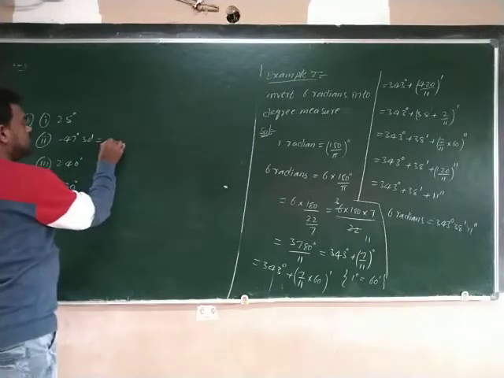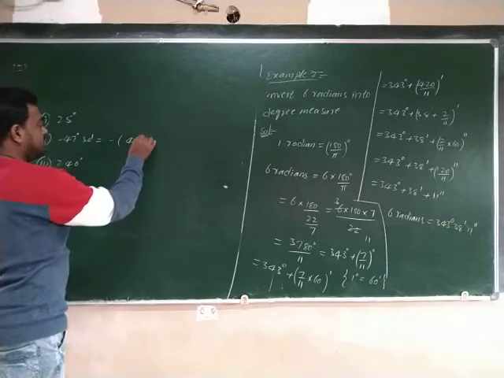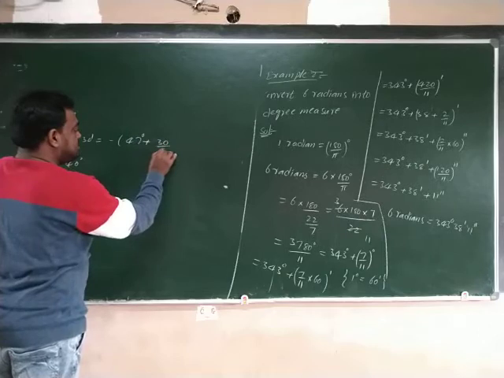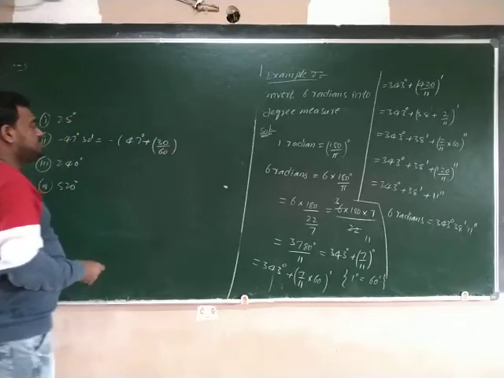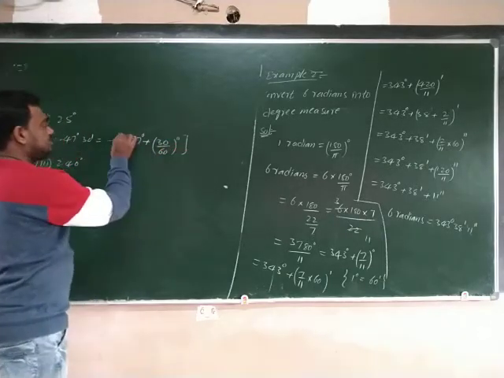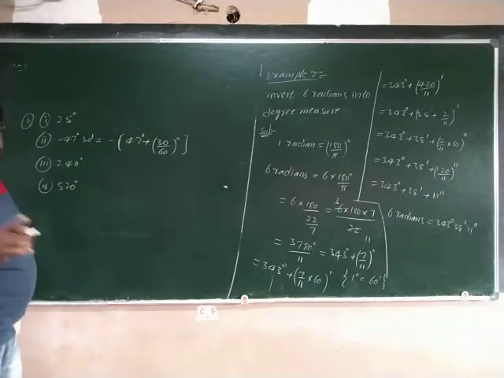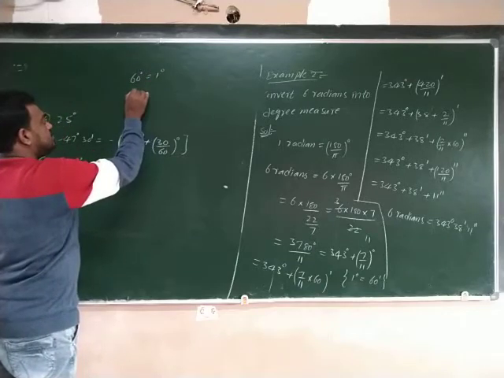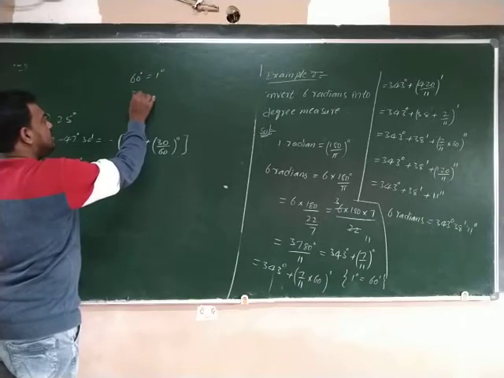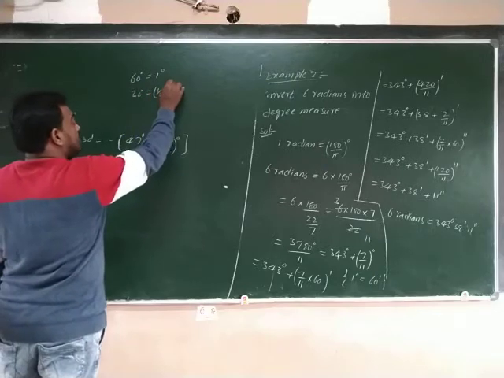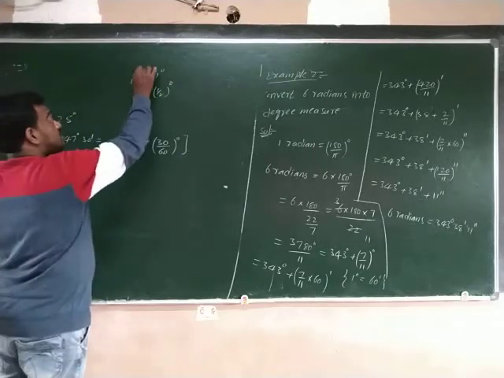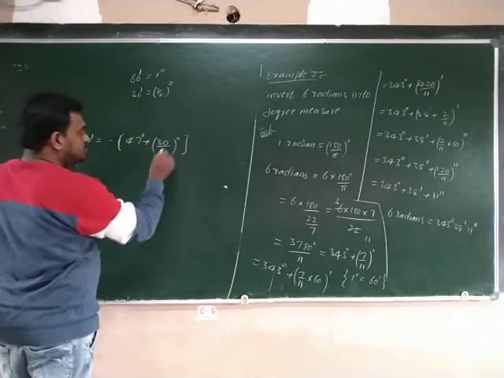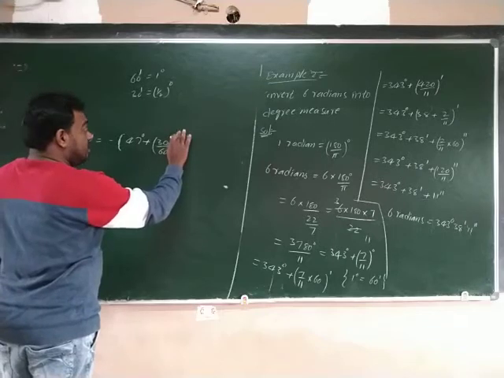This is minus of 47 degrees plus 30 minutes. 30 by 60: if we divide by 60, it converts into degrees. 60 minutes is equal to 1 degree, then 30 minutes is equal to half a degree.